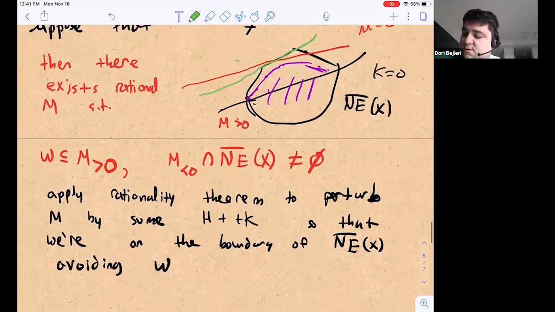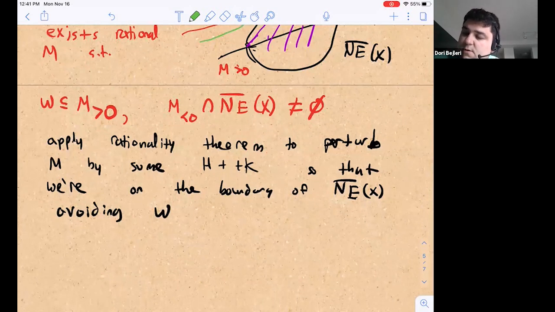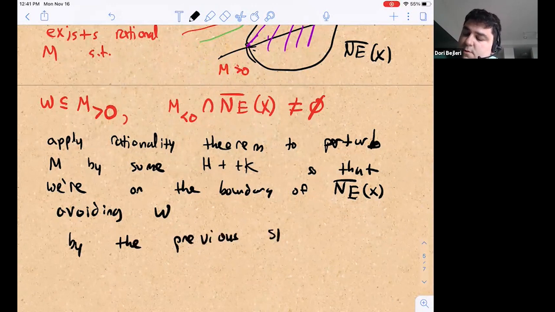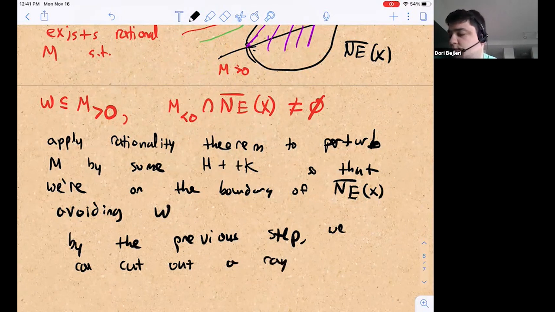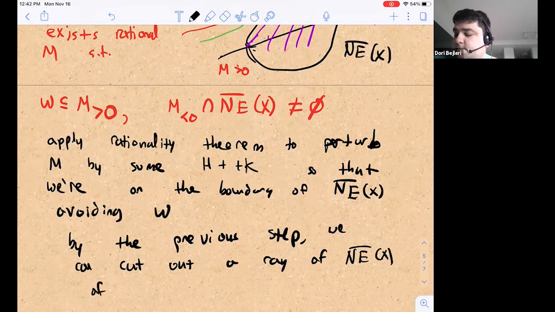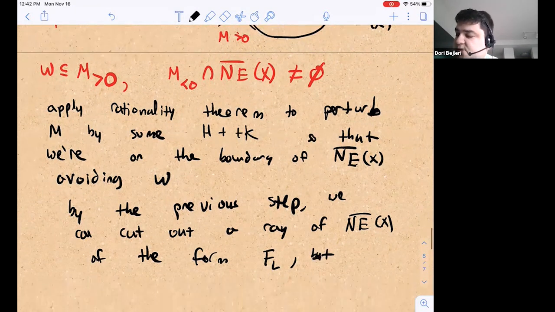So by the previous step, we can cut out a face, so we can cut out a ray of the form FL, but not contained in W, and that's a contradiction just from the definition of W.